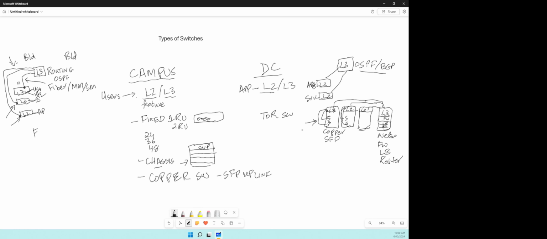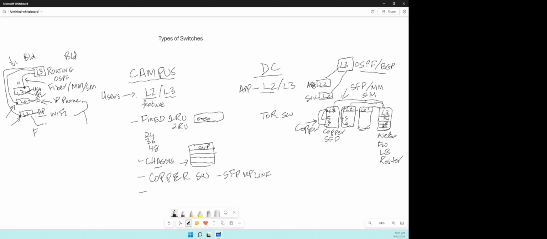These are copper, and then your uplinks are going to be SFP based multi-mode or single mode fiber. Now with the campus, the biggest thing that you also need to determine is for APs, which is the Wi-Fi access point, or IP phone, they are powered.